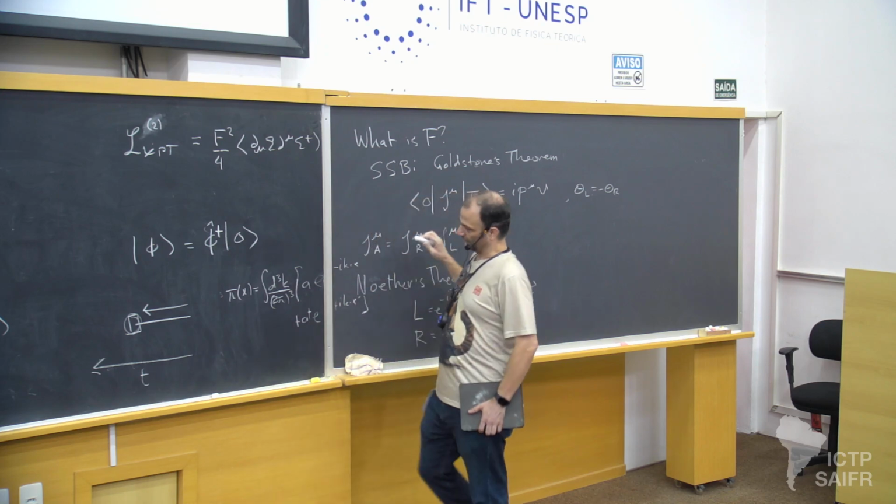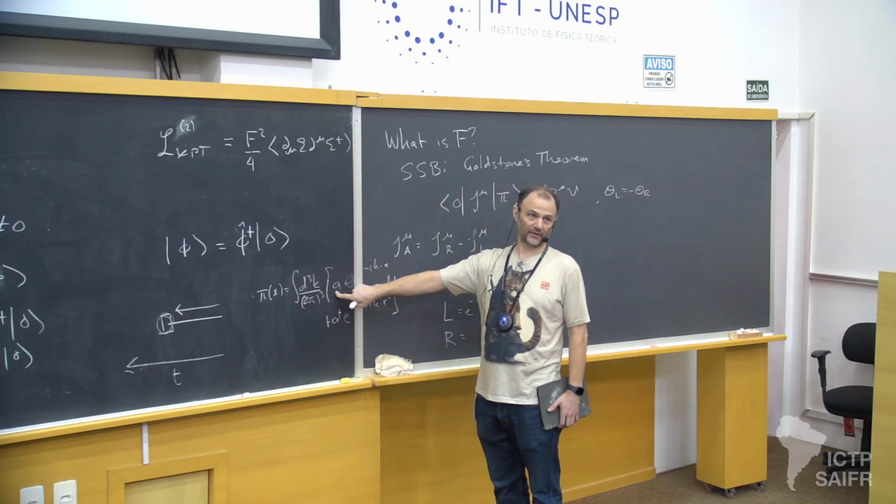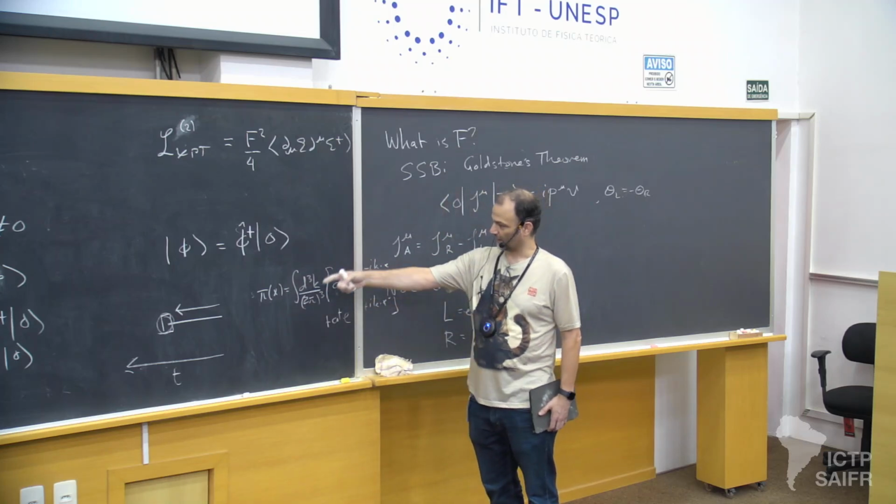So if you have a field coming in and the derivative hits it and you're only using the annihilation operators, minus ik is the rule.